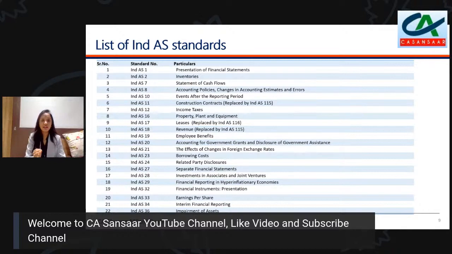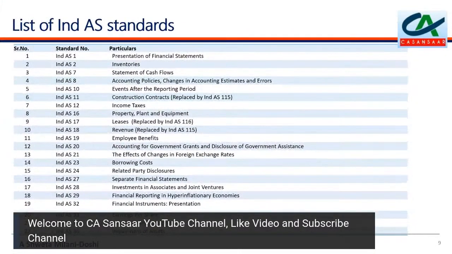Under Ind AS 116, leases are accounted in the balance sheets. Leases appear in your balance sheet as an asset, and your lease liabilities appear in the balance sheet. So this is a classic difference.